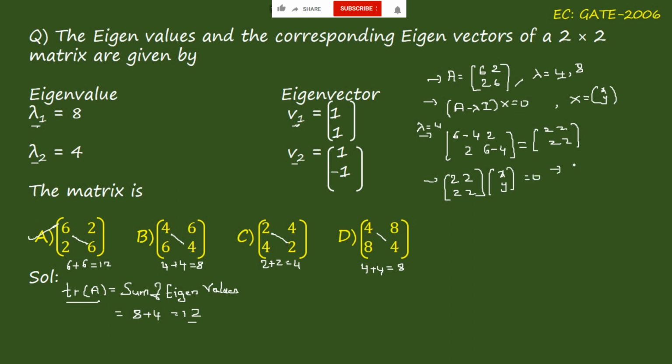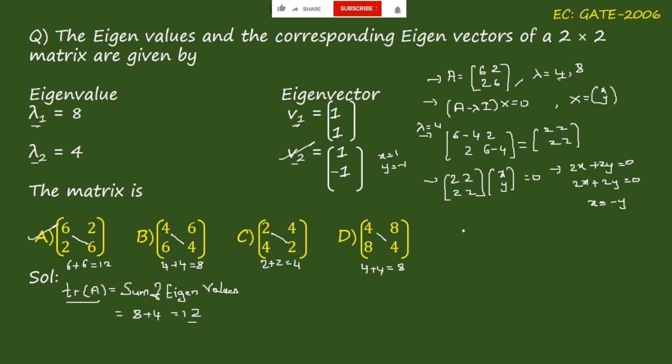Then we can say 2x plus 2y is equal to 0, and the other equation is also 2x plus 2y is equal to 0. From here we can say that y is equal to minus x. So when lambda is equal to 4, if x is equal to 1, then y is equal to minus 1.